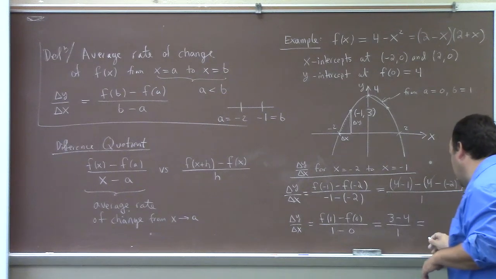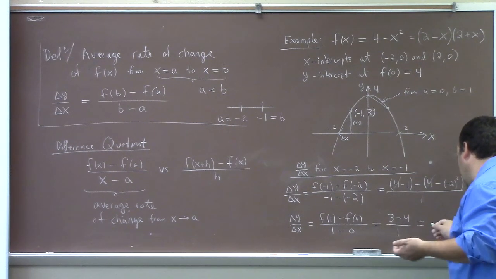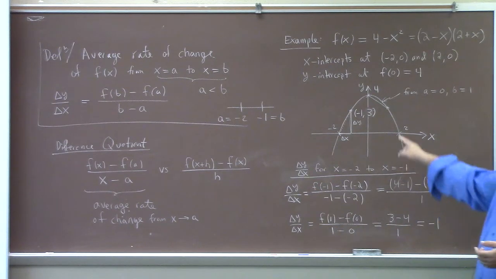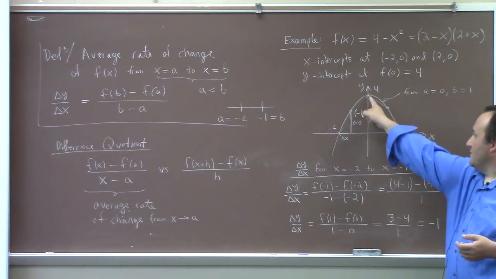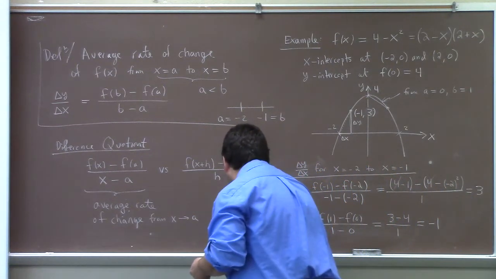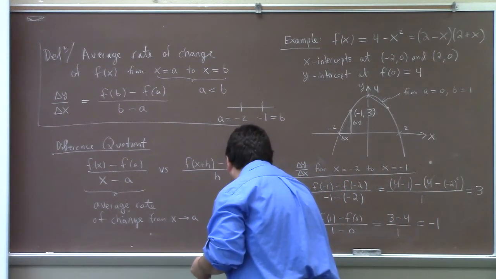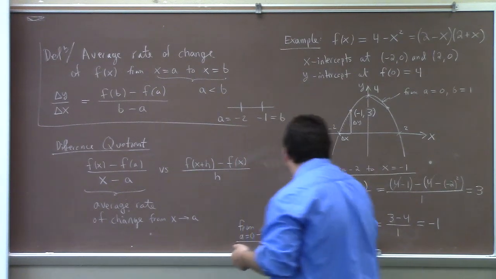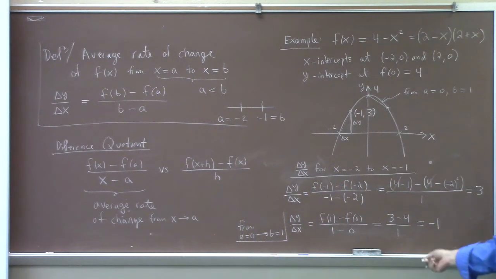So it looks like we've got minus 1. So the average rate of change going from 0 to 1, we get a change of minus 1, right?